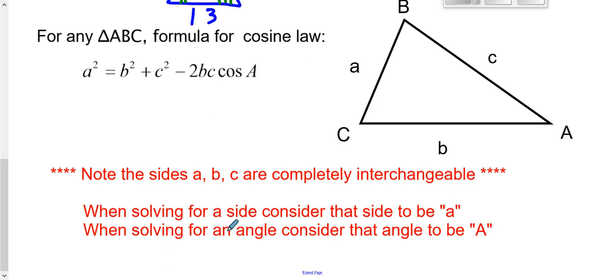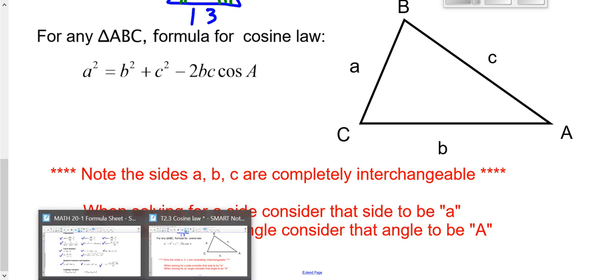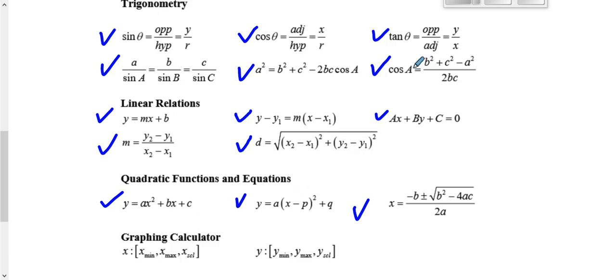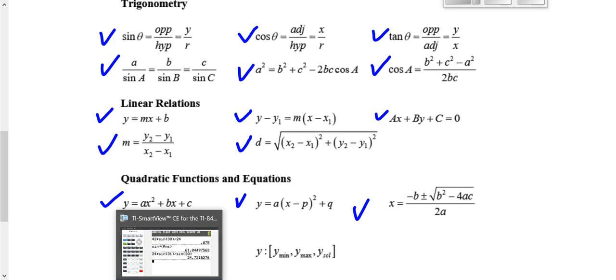Next, when solving for an angle, consider that angle to be A, like this. Whatever angle you're trying to find, call that angle A, so that you can just plug in the other given information here, here, here, here, and here, and then solve to find the angle you are asked to find.